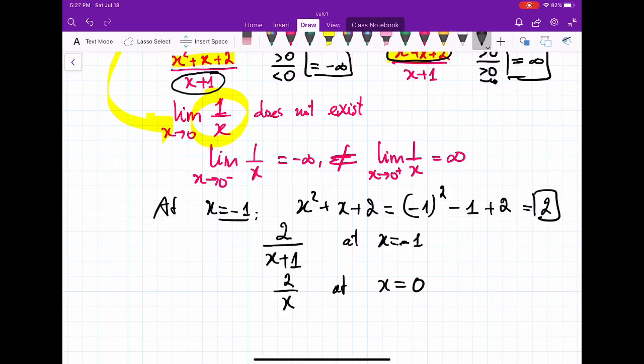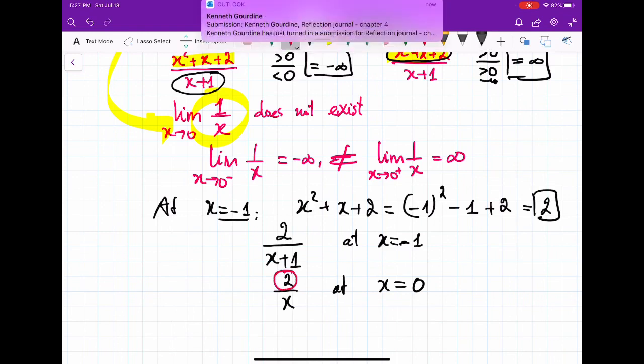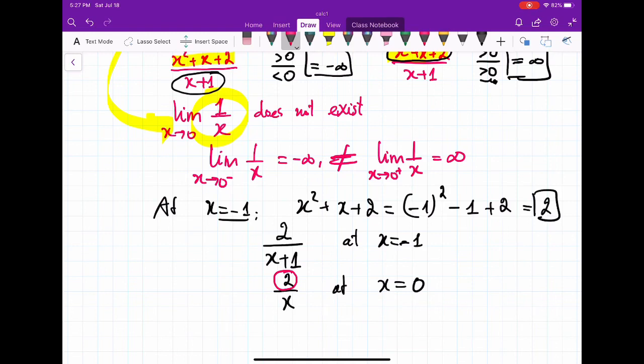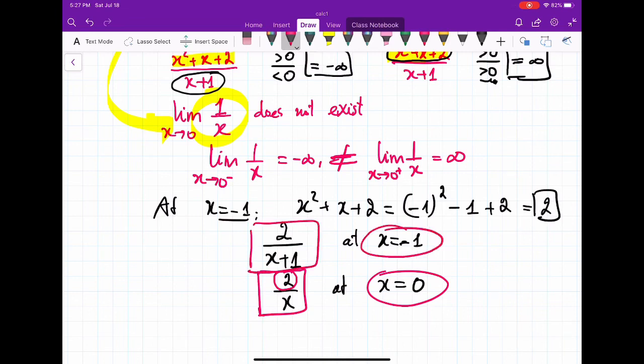You see that? The coefficient 2 here does not affect the existence of the limit. So this function does not have a limit at 0, and this function, of course, does not have a limit at negative 1. That's it.